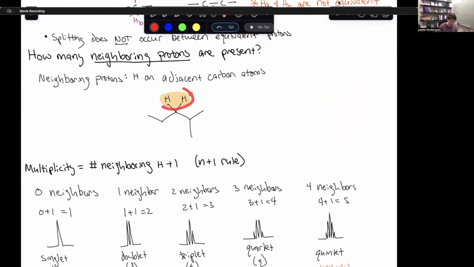So if we are looking at these two H's, we want to be thinking about how many neighboring protons we have. We're looking at our adjacent carbon atom, and I'm just going to draw in those H's. These are going to be our neighbors.